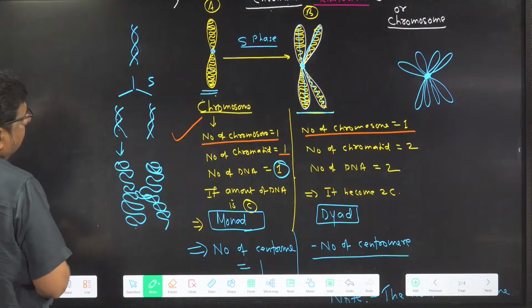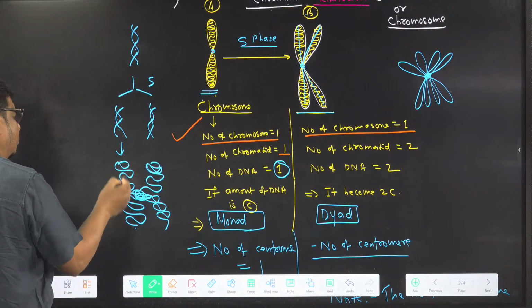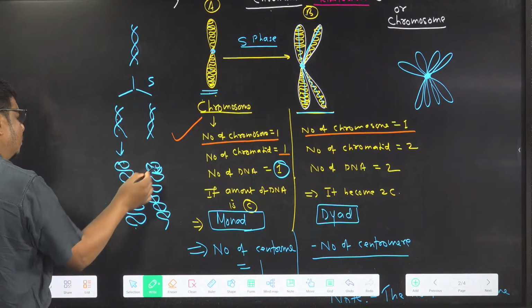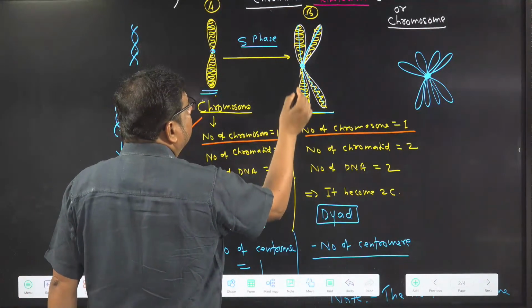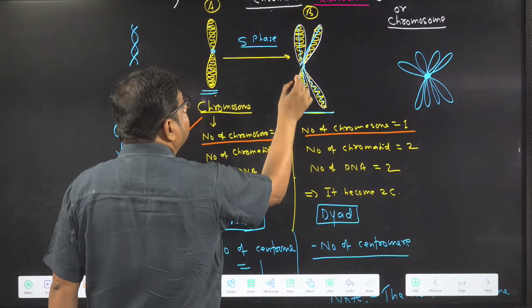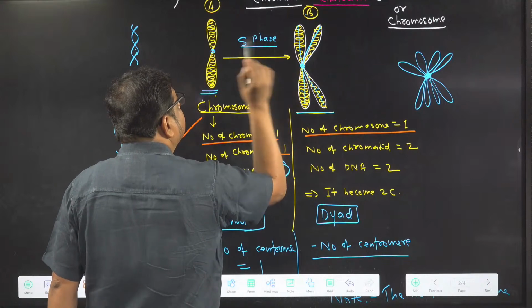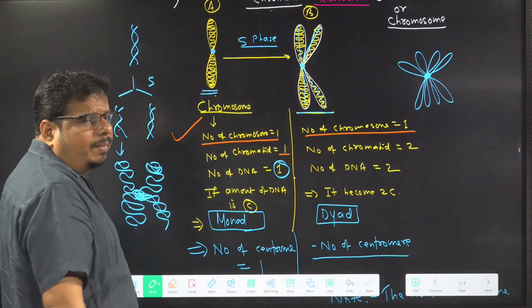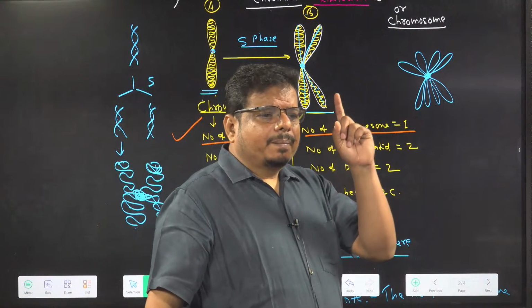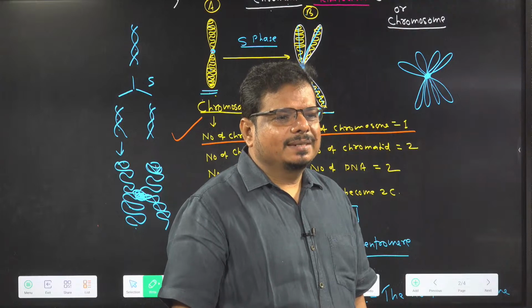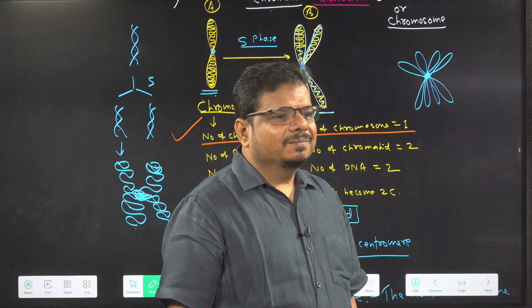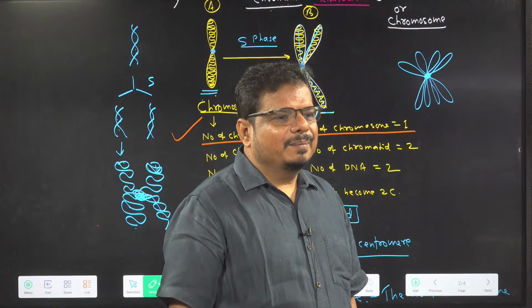Both the chromatids join with the common centromere. So number of chromatid becomes 2, but number of chromosome remains the same because it is the centromere. Centromere is the kitchen of the family. I always say, 2 brothers are there, residing in the same home.